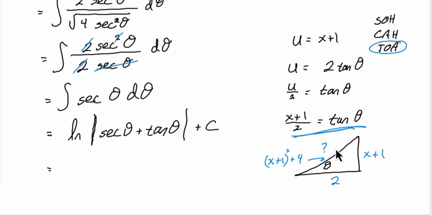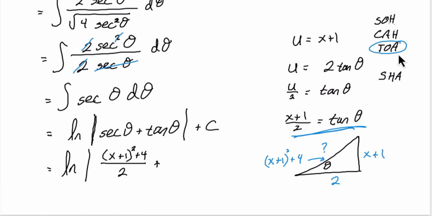Finally, we'll go back to the natural log of secant theta. Remember, secant is the reciprocal of cosine. So if cosine is adjacent over hypotenuse, secant is hypotenuse over adjacent. That is the square root of x plus 1 squared plus 4, divided by the adjacent side, 2.